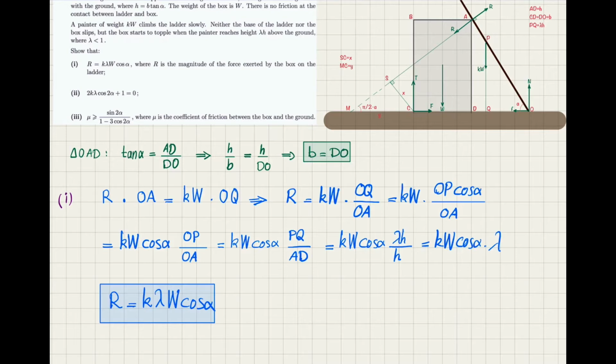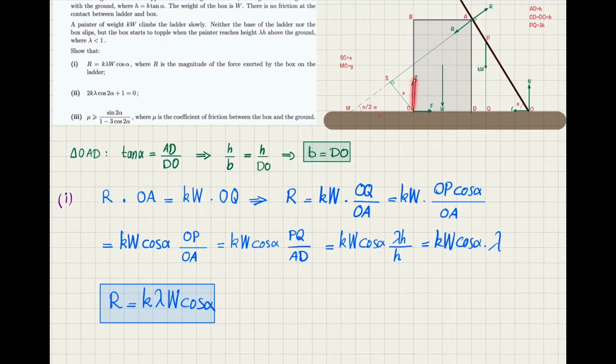Okay, and again, I know that in equilibrium, which is the case immediately before the box starts toppling around the point C, the net torque acting on the box should be 0. If I take this point as the origin for writing the torques about it, then these two forces are actually passing through point C, so they do not have any effect on the net torque. The torque of F about C is 0.